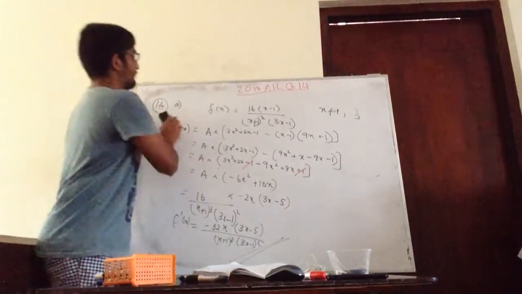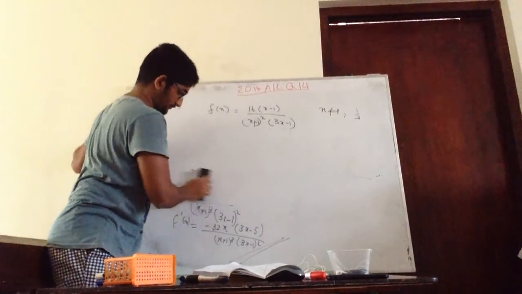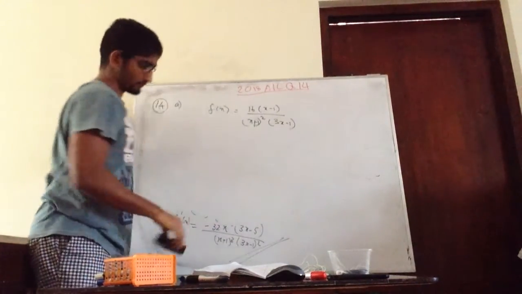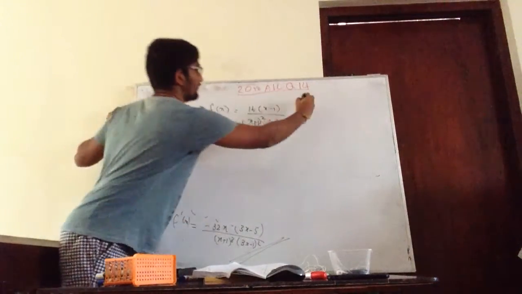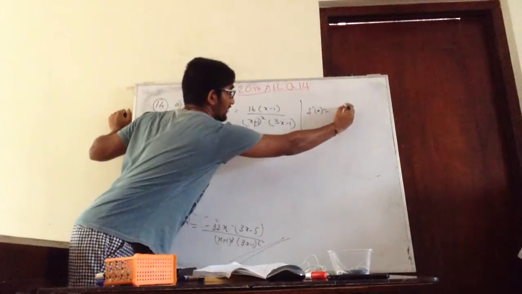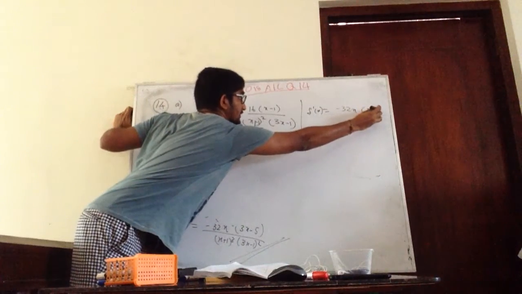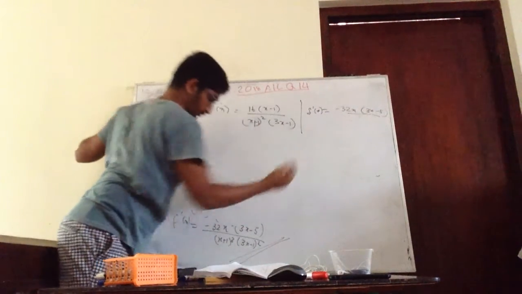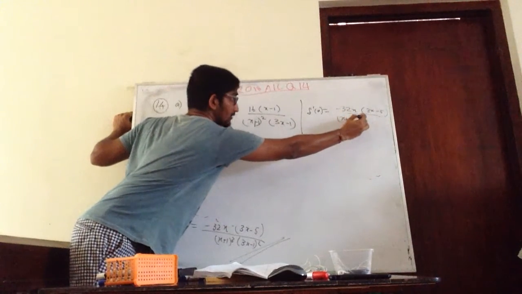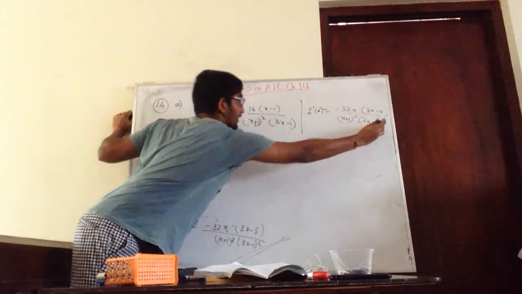Alright, so we know f'(x) is −32x(3x − 5) over (x + 1)³(3x − 1)².